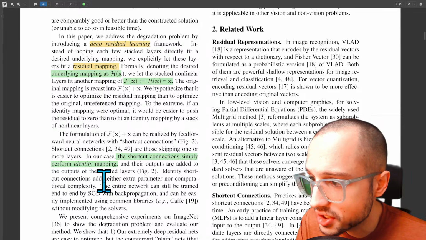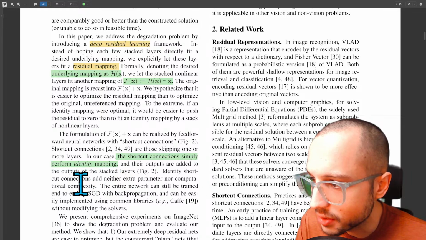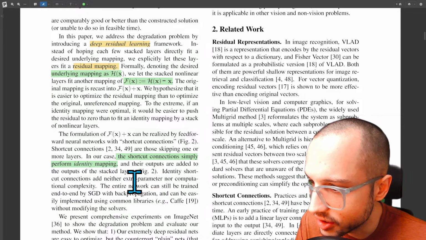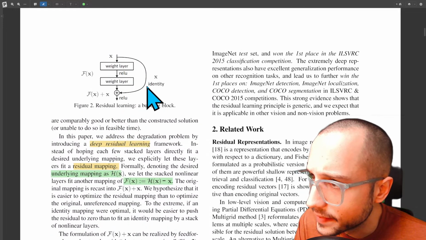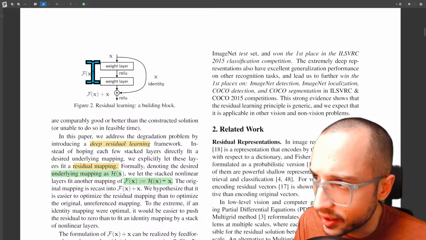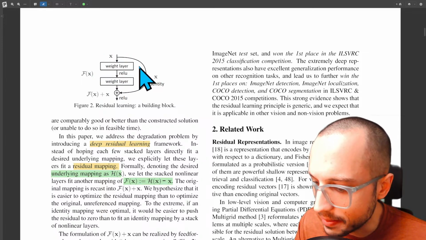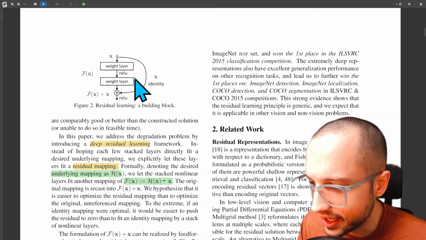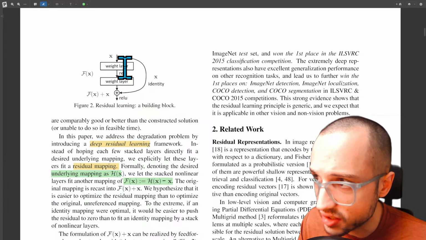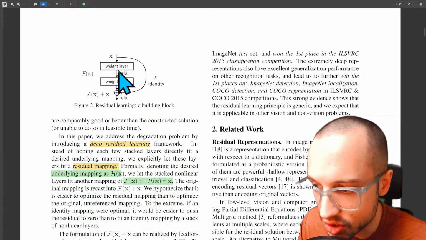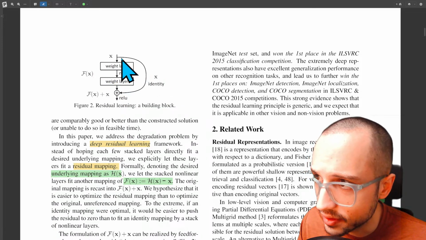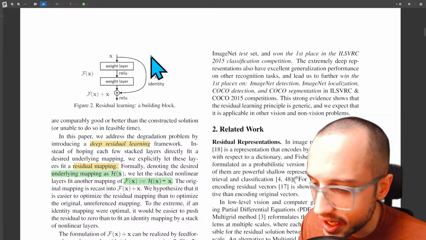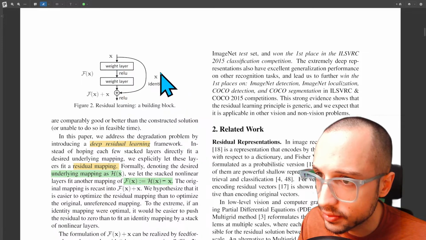Identity shortcut connections add neither extra parameter nor computational complexity. Yeah, you don't need any more parameters, right? In this weight layer, you're going to have a matrix of weights, and potentially a matrix of biases, so you have to store those somewhere, and you're going to have the same thing here. But this skip connection, or residual connection, you don't need any extra parameters to create that.